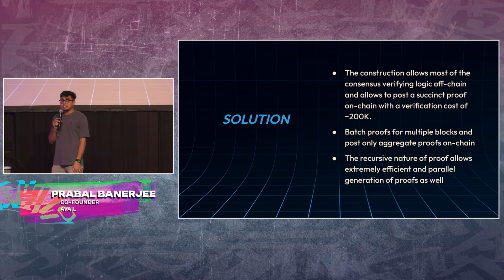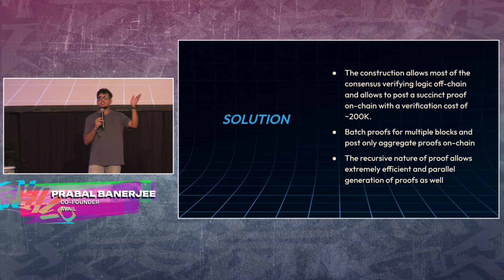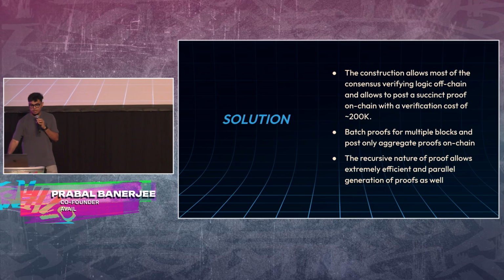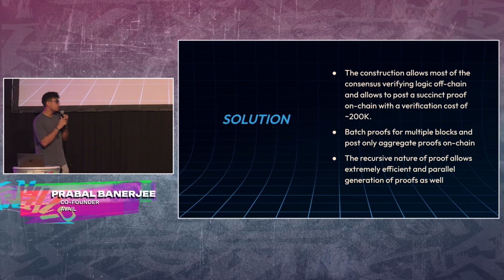Not only that, we used it to parallelize. Think of it like you have 10 different blocks. You don't have to wait for sequential construction of proofs. You can parallelize them, and then together you can have one recursive zero-knowledge proof which verifies in 200K gas that the entirety of the fork you're talking about is actually attested through consensus of the other chain.